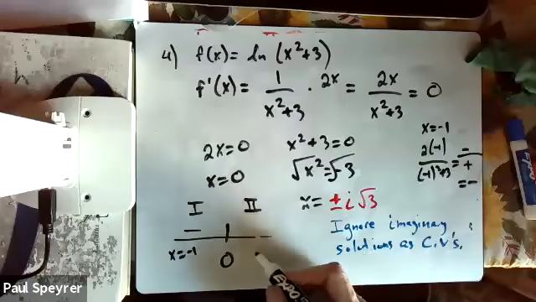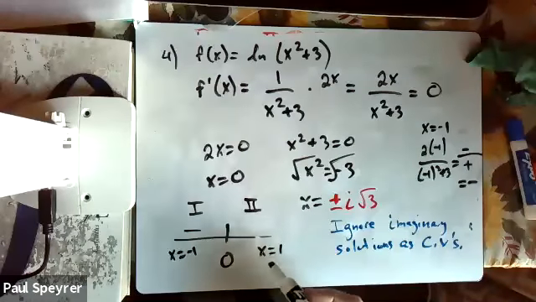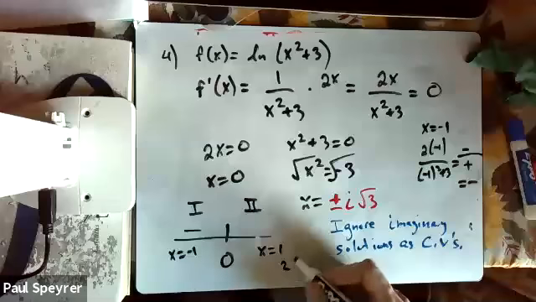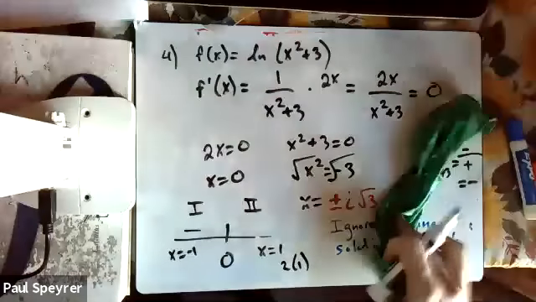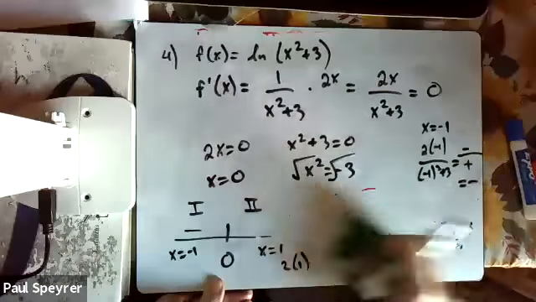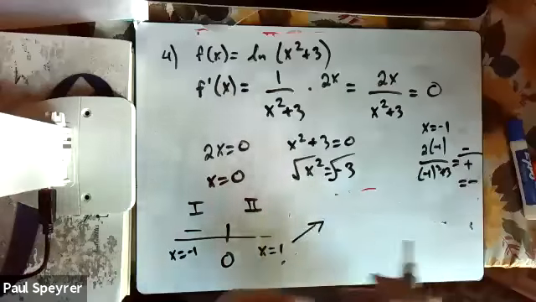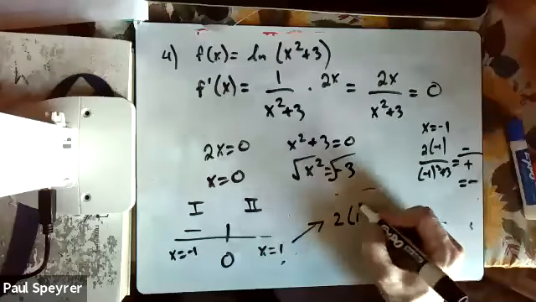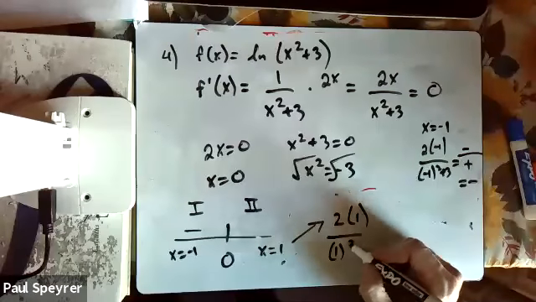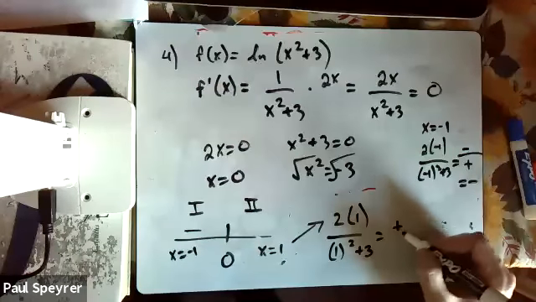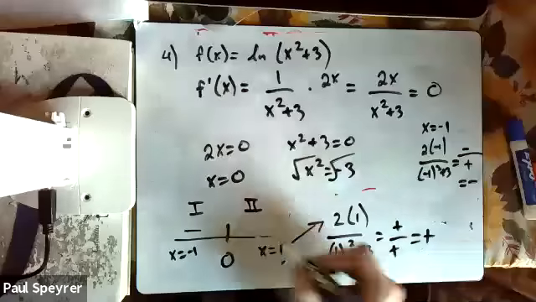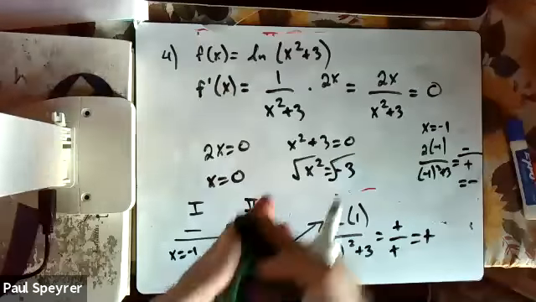What about to the right of 0? I'll just test x equals 1. So if I plug that in, remember, we're going to take that and plug it into the derivative. And as you can see right here, we get positive over positive, which is positive. So we got that, right?